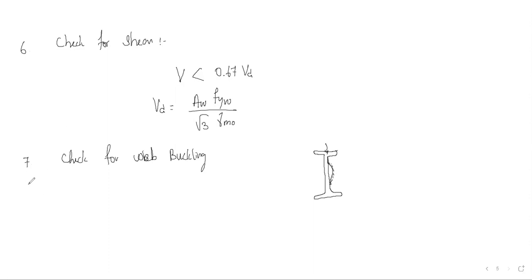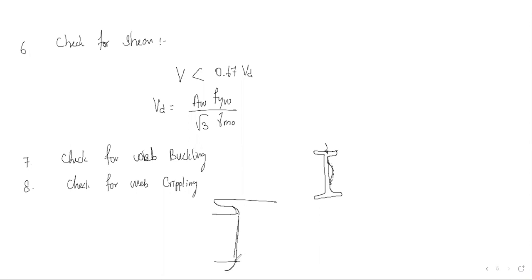Similarly, check for web crippling. Web crippling is nothing but, our I section looks like this, with a toe portion, and after the toe only the web portion is visible.